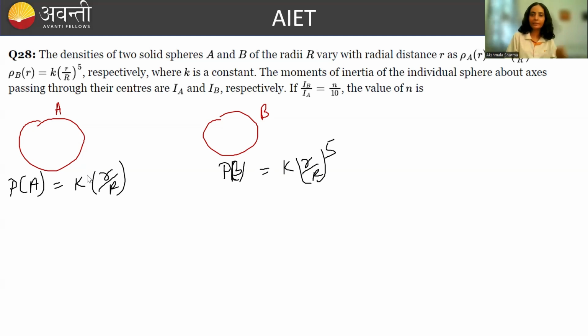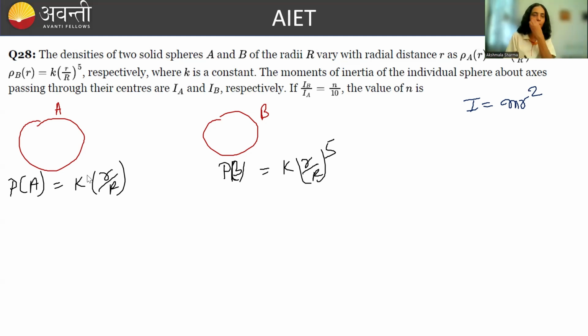What is the moment of inertia formula for a point mass at a distance r from the axis of rotation? I is equal to mr square. So for calculating the moment of inertia of a sphere, whenever you are calculating it for a continuous mass distribution, we need to select an element. And here, this is a solid sphere.